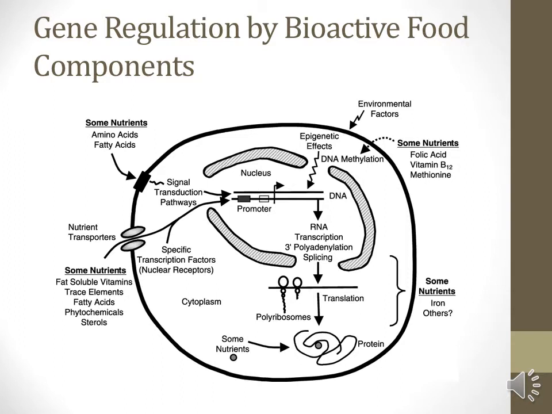So mostly this is amino acids and fatty acids, which will work through signal transduction. You can just think of this simply as these signal transducers on the cell membrane. They can sense the fatty acid or the amino acid, and then it sends a message to the DNA to upregulate transcription.